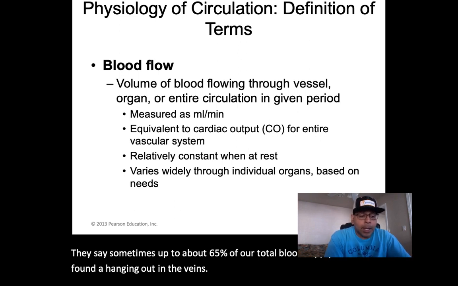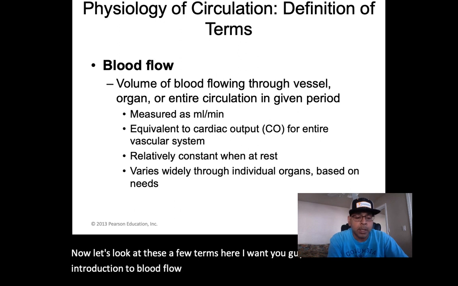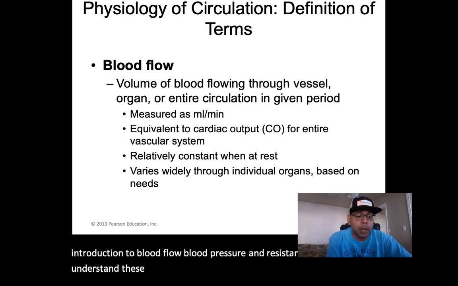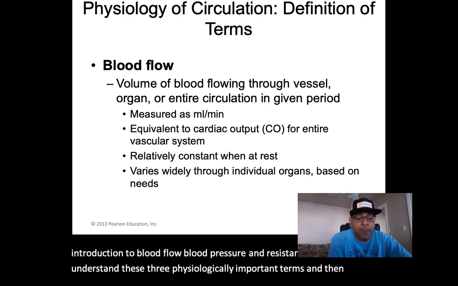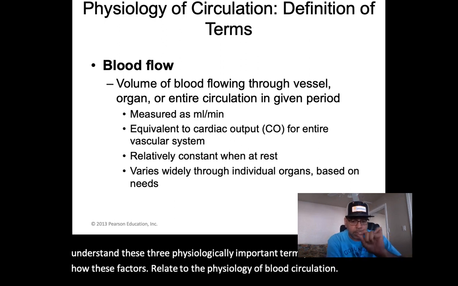Now let's look at these few terms here. We'll do a little introduction to blood flow, blood pressure, and resistance. First, we need to understand these three physiologically important terms and then examine how these factors relate to the physiology of blood circulation. So first, let's talk blood flow.